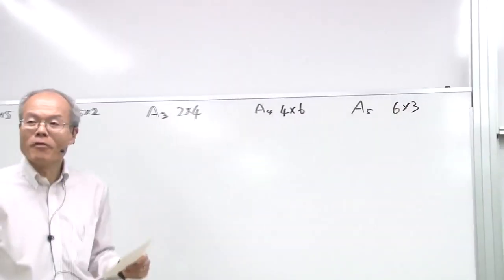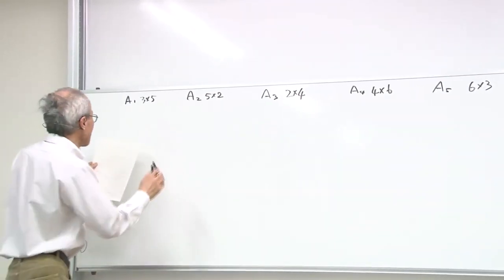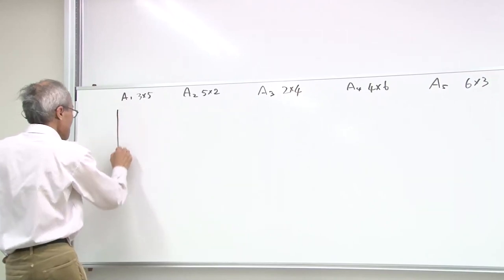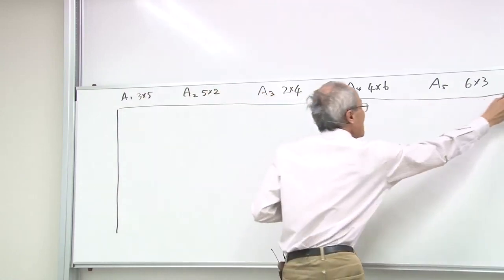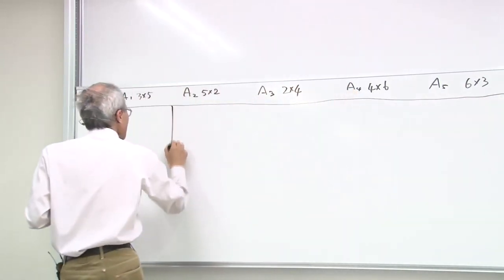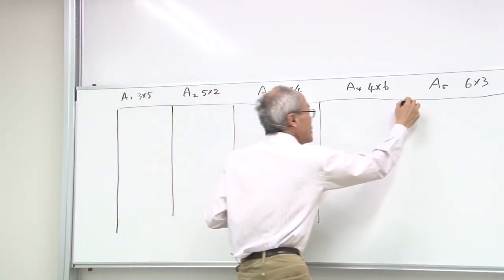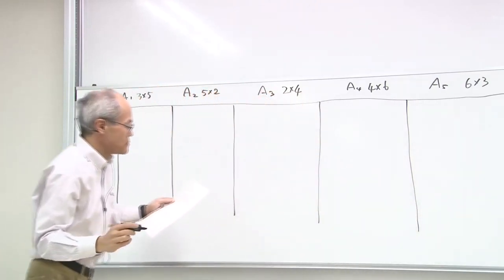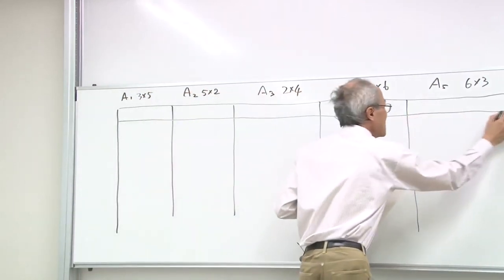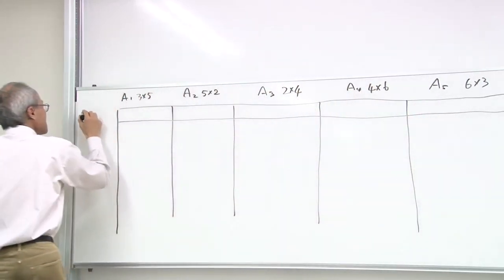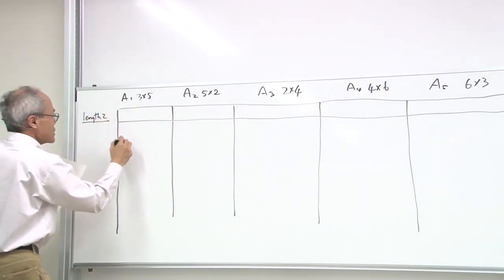Okay, so this example is very small. We have 5 matrices. Each matrix is quite small. Then the table looks like this. The first row is length 2, and the second is length 3.